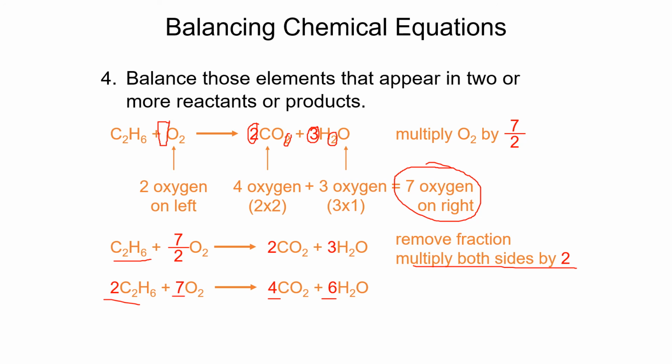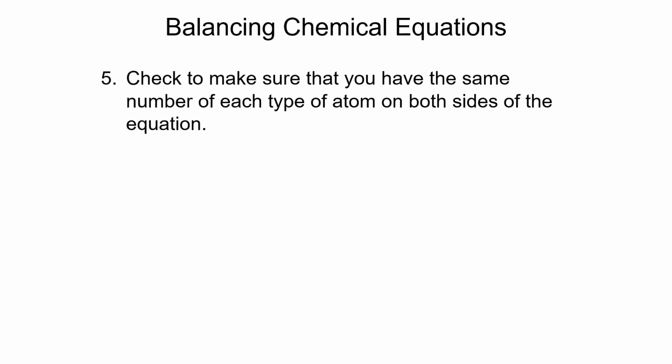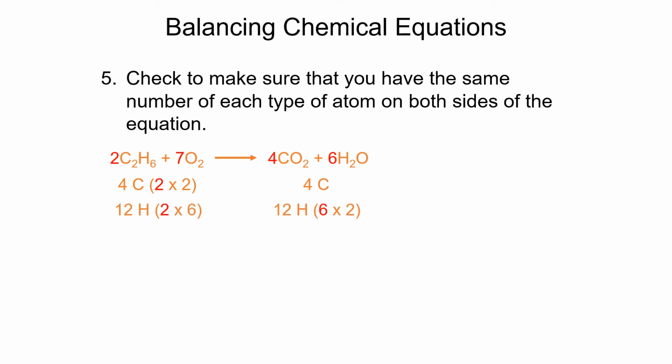And with that, we've got one more slide to look at. We just want to verify that we have the same number of each type of atom on both sides of the equation. So we'll run through that. We have 4 carbons and 4 carbons, 12 hydrogens and 12 hydrogens, 14 oxygens and 14 oxygens.